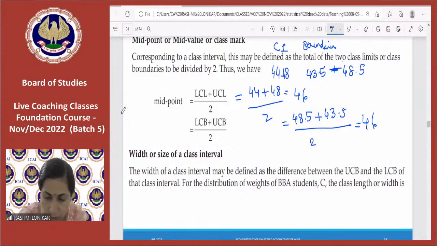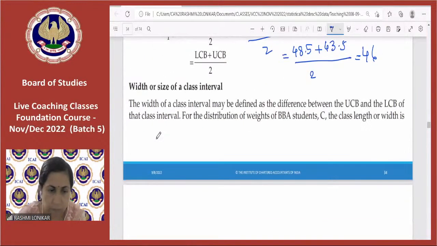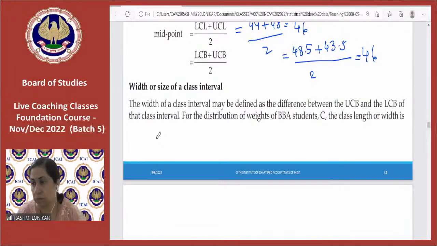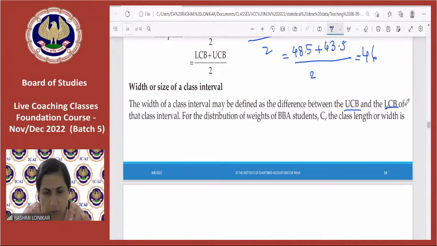Weight or size of a class interval is defined as the difference between the upper class boundary and the lower class boundary of that class interval.